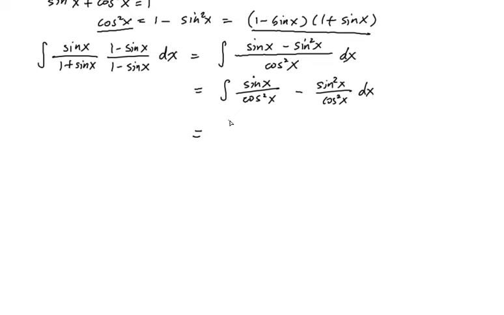Basically you have a sine x and a cosine x, and then there's a 1 over cosine x. That's the first term. The second term is actually just tangent squared.